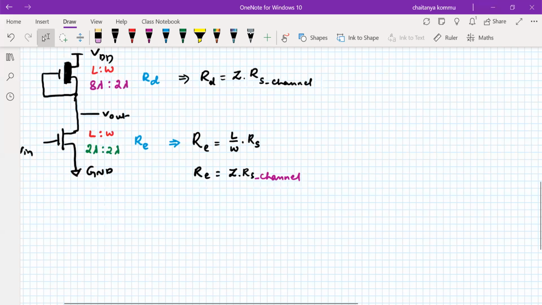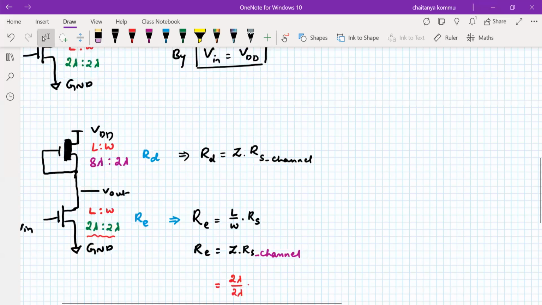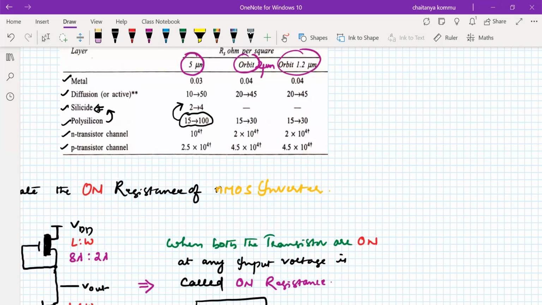Now, what is the value of this RS? Here we can consider what is the Z according to these dimensions. The channel dimension is 2 lambda by 2 lambda. Therefore, 2 lambda divided by 2 lambda is multiplied with RS of the channel. So what is the RS of the channel? We are talking about the N channel.